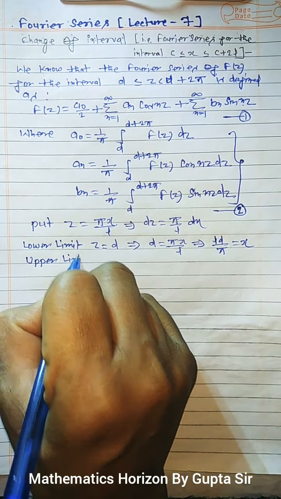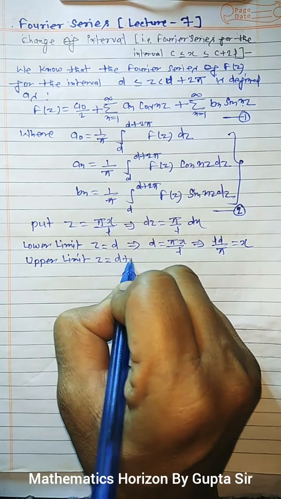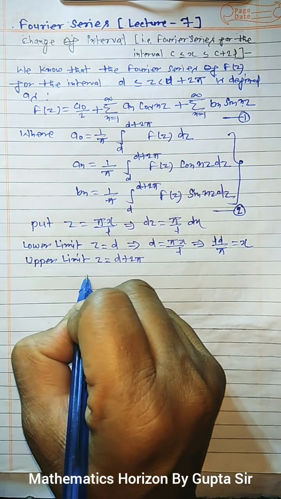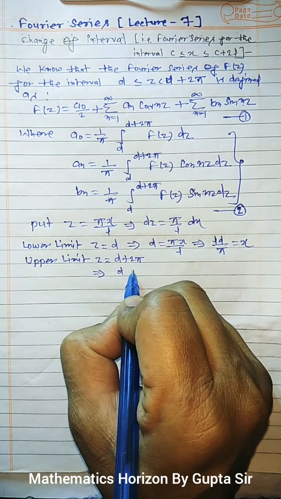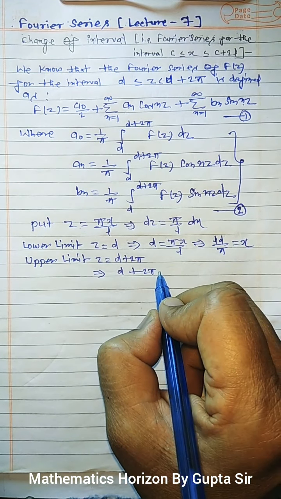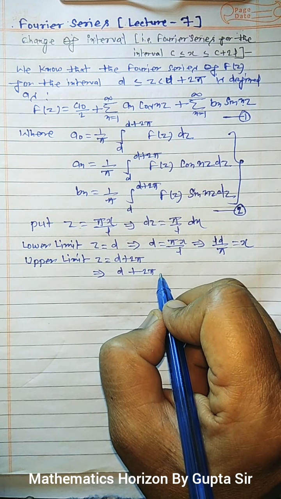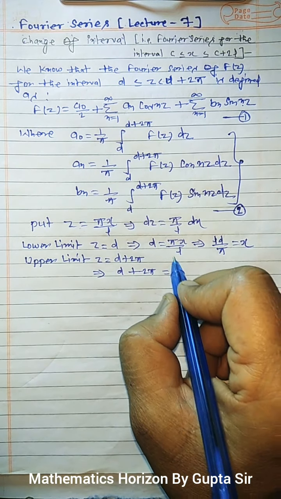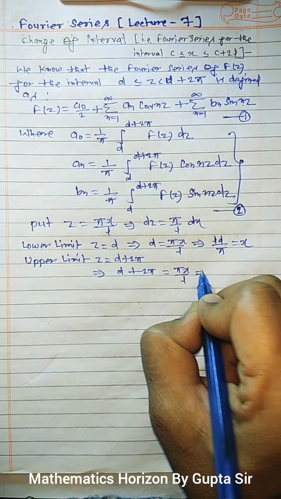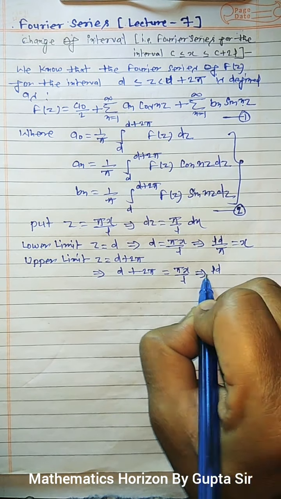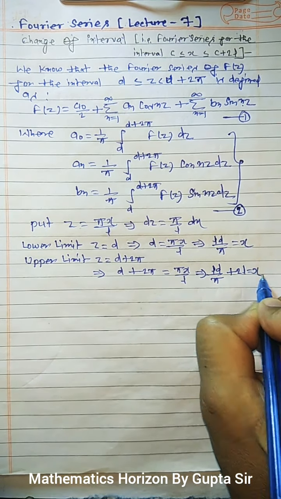Upper limit, when z equal to d plus 2 pi, then from z equal to pi x upon L, that is d plus 2 pi is equal to pi x upon L. On solving this, Ld upon pi plus 2L is equal to x.